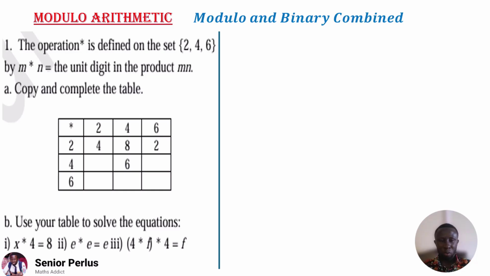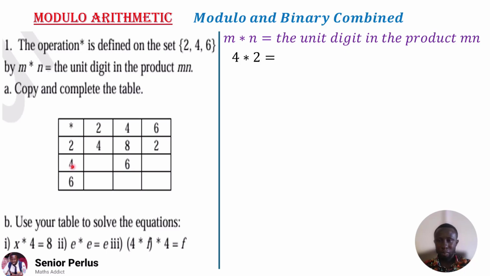So our table, we have to fill the table first. So this is what is giving the definition. M star n is the unit digit in the product mn. So you have to solve for the table. So I'll start from here. 4 star 2 is, we don't know.